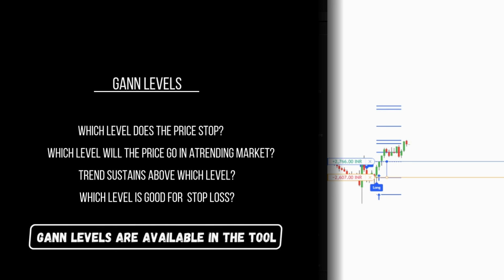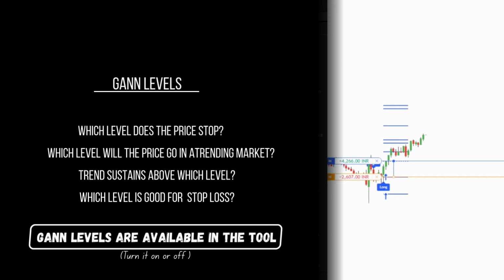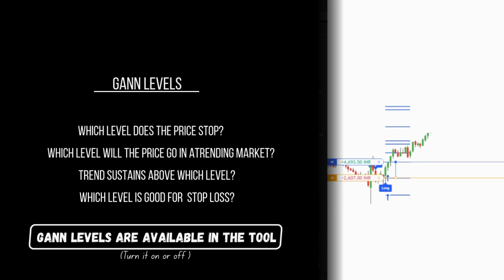These levels are available to you. You can turn it on, you can turn it off. It's up to you. You can use some other indicators also if you want. You can study however you want, right? But remember one important thing again, these levels are only useful if you have a signal. Immediately you draw the levels once you get a signal, and then after you follow the levels, keep in mind that it can go away anytime.